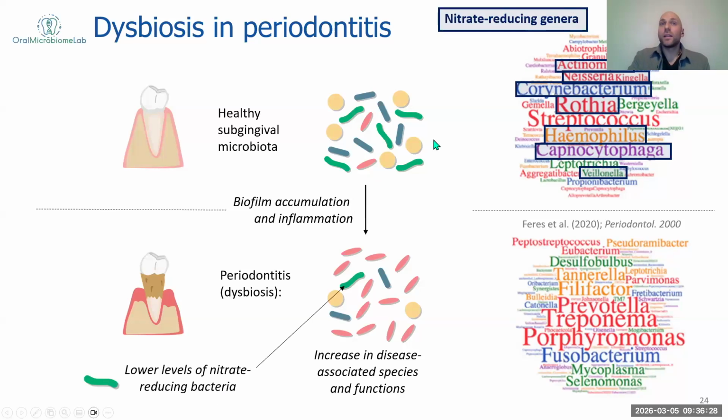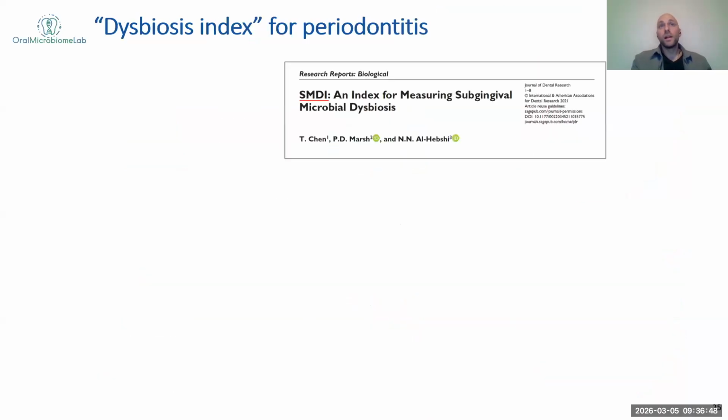And we were wondering if, because of this, we could reduce this dysbiosis by adding nitrates to periodontal communities or nitrate-reducing probiotics.